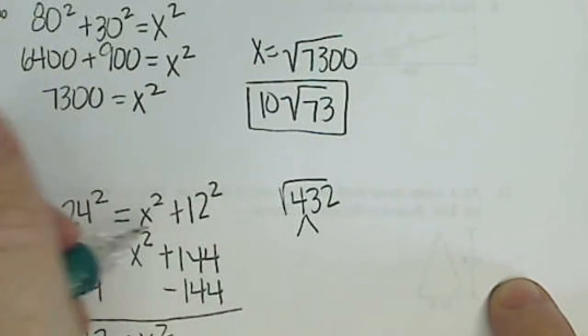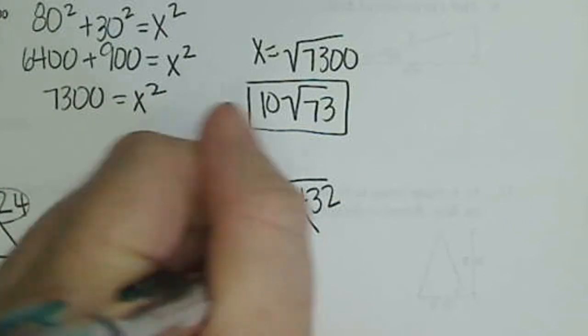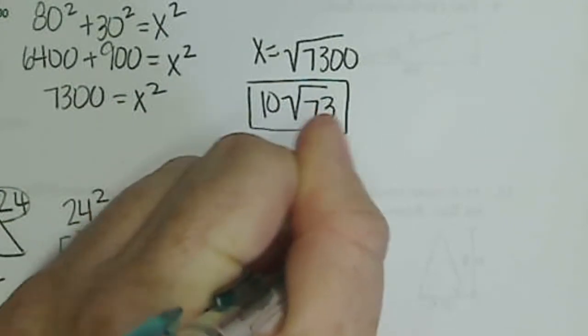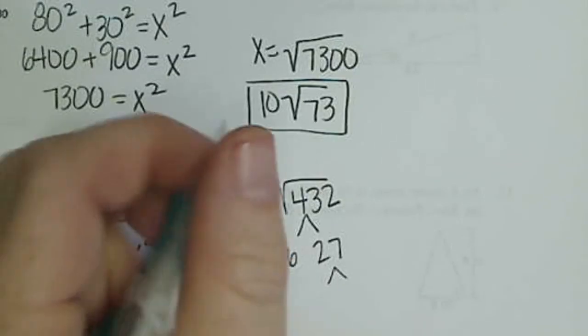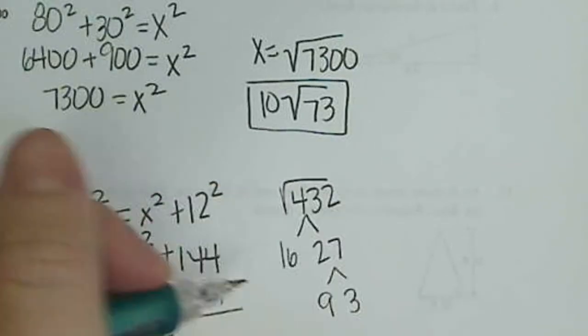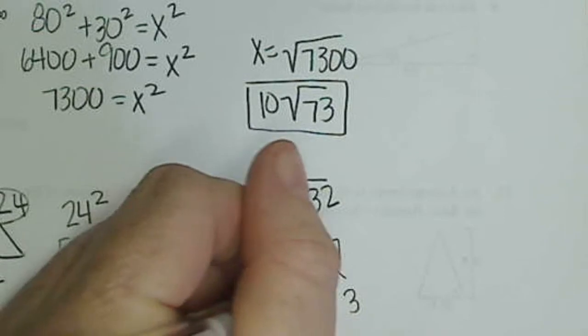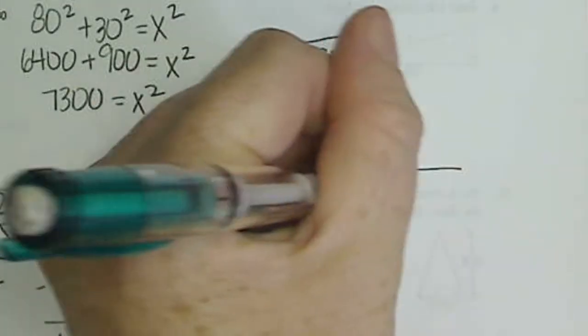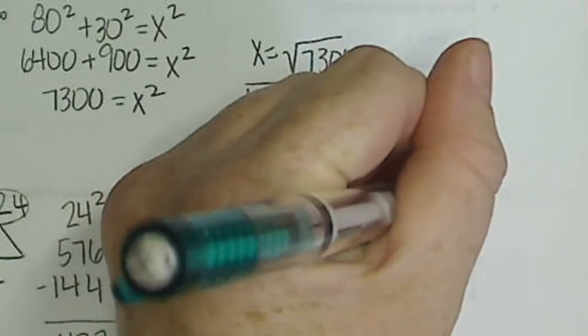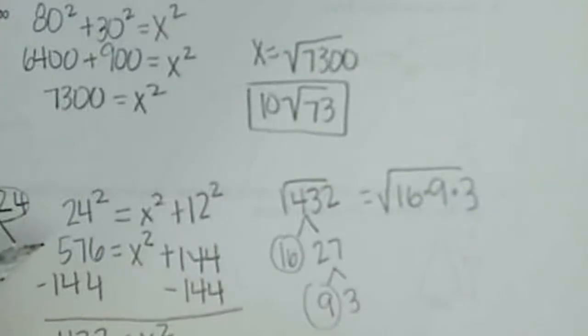And I know that 432 is 16 times 27, but this can go lower into 9 and 3. Here's a perfect square, here's a perfect square. So remember, it's just like saying square root of 16 times 9 times 3.